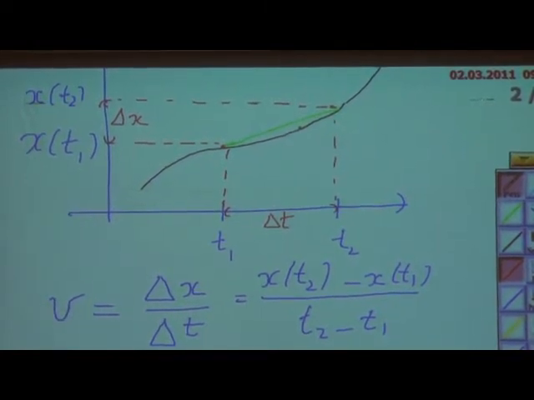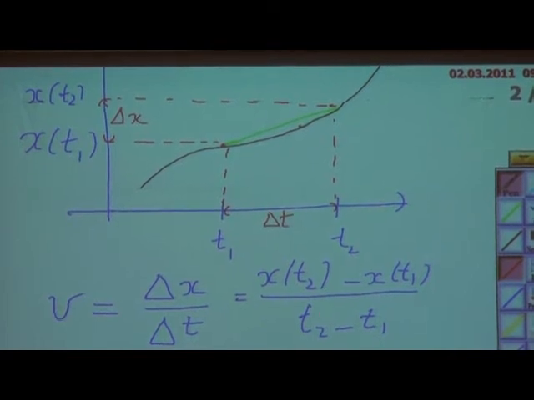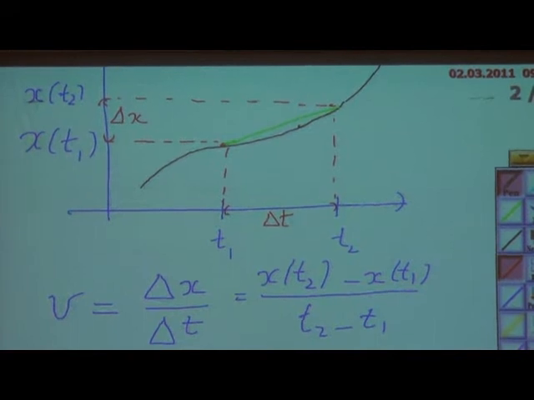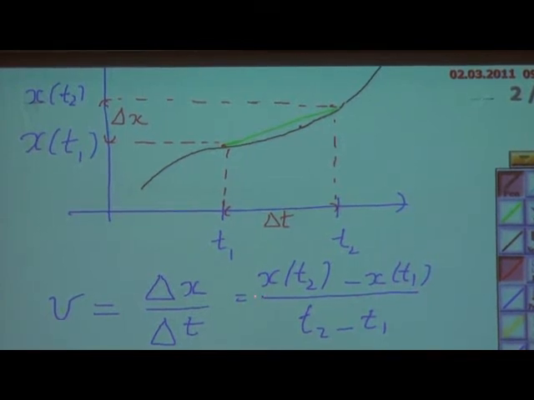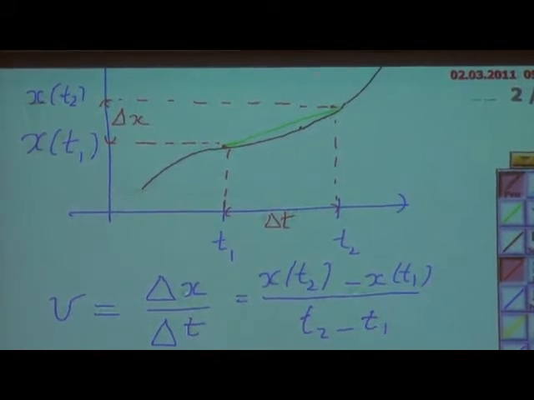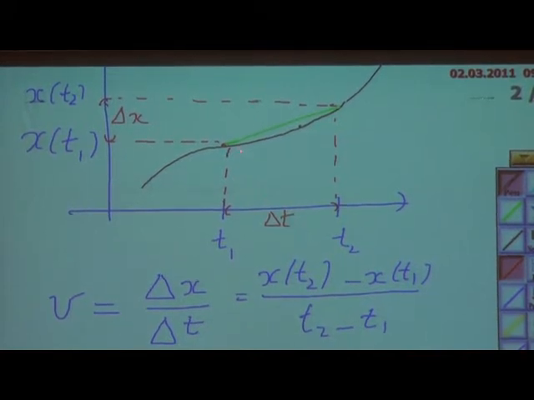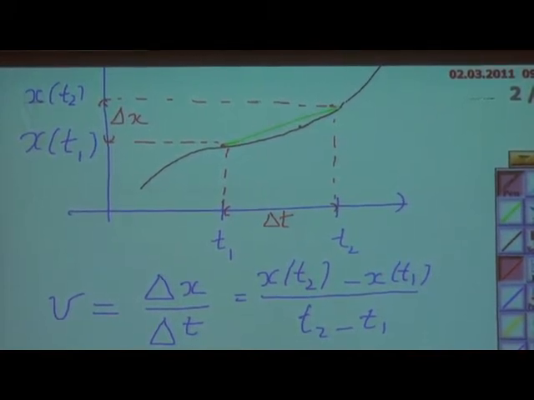Now, if the particle is moving fast in a short delta t, it will move a long distance. So delta x will be large and delta t will be small. And this green line will be steep.